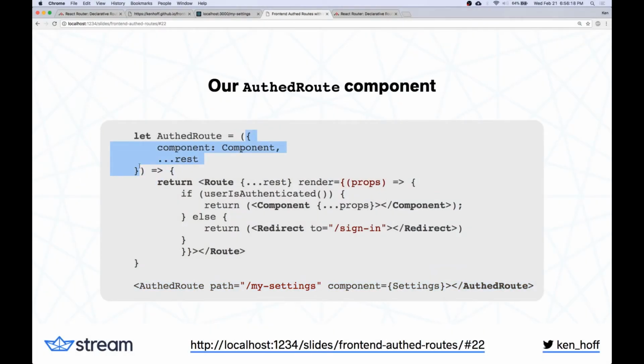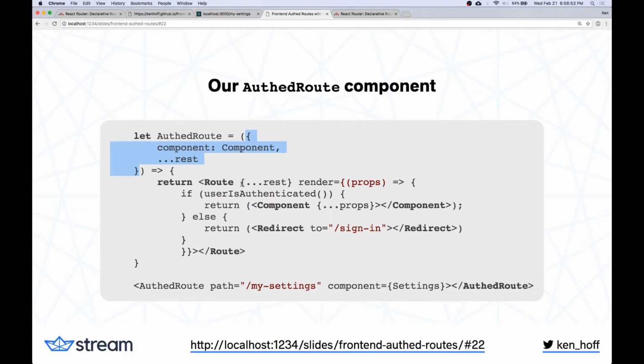This top part here is the destructuring assignment operator with the spread operator. It says take all of the props that are passed to our auth route component and turn them into these two variables right here. The first variable is going to be component with a capital C. It's going to extract the component prop from the auth route component and put that into component with a capital C. And then it is going to take all of the rest of the props and put them into a rest object.